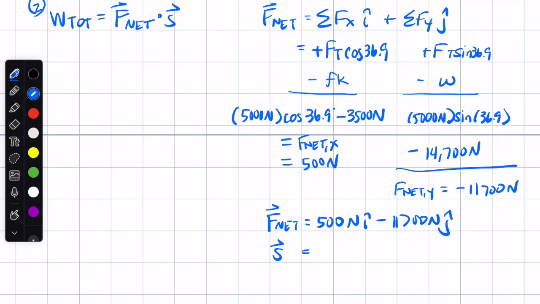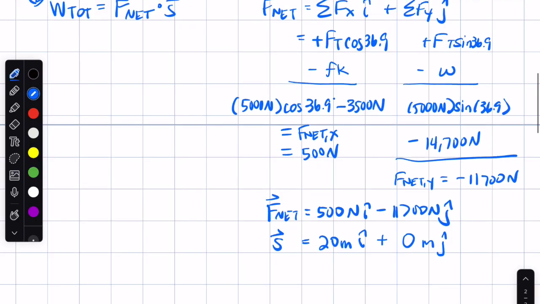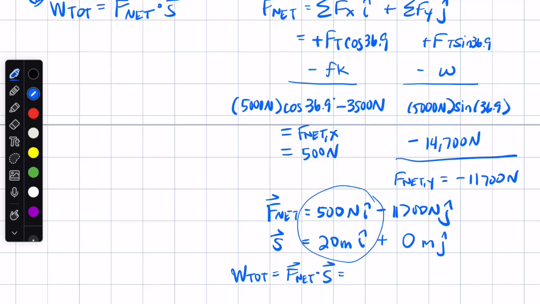My displacement was 20 meters i hat plus 0 meters j hat. Total work can also be expressed as the net force dotted with the displacement. So all I'm doing is this, which comes out to be 10,000 joules, right?